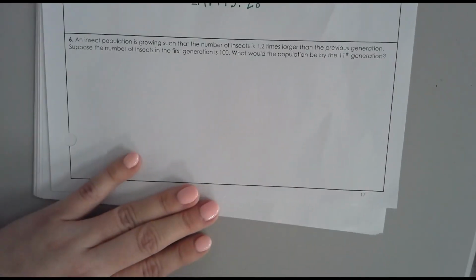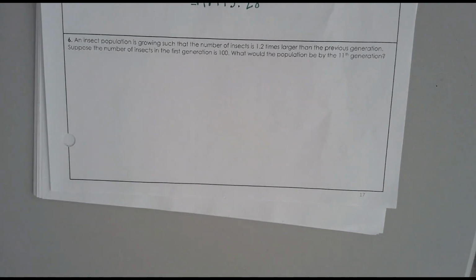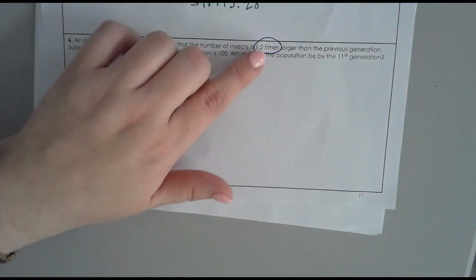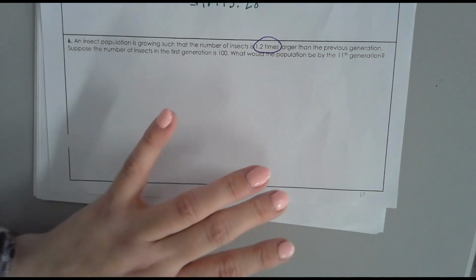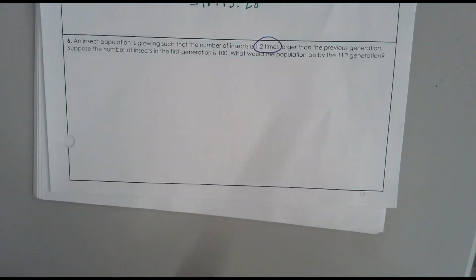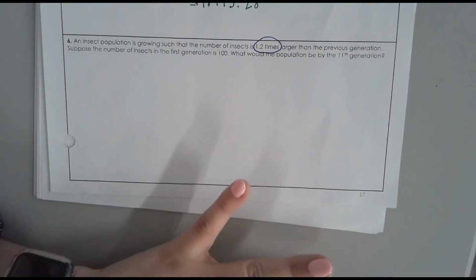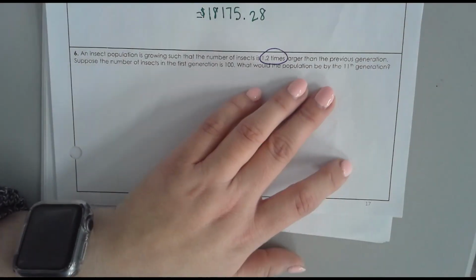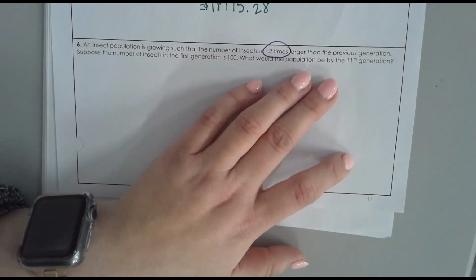Number 6. An insect population is growing such that the number of insects is 1.2 times larger than the previous generation. If it's 1.2 times, that doesn't mean we're adding 1.2. That means we're multiplying. So it's going to be a what type of sequence? Geometric. Yep. So it's each year it multiplies by 1.2.